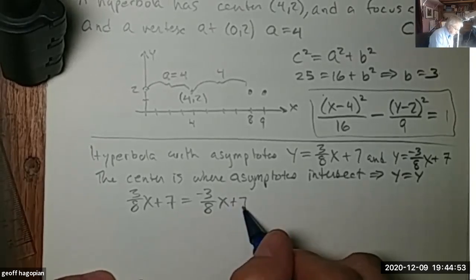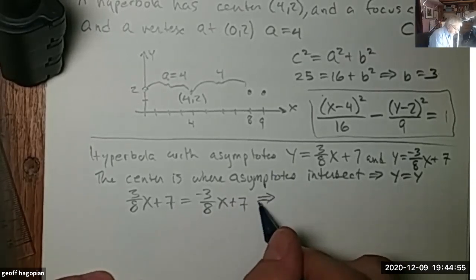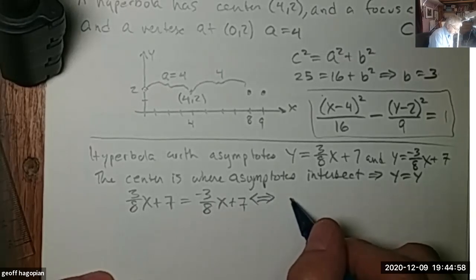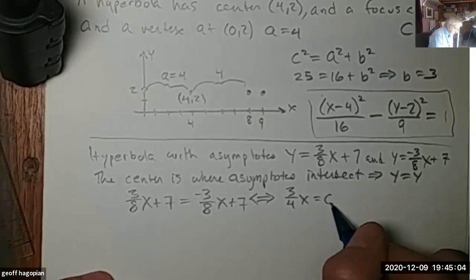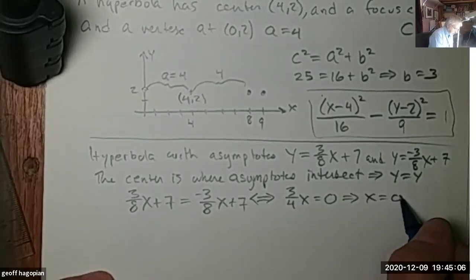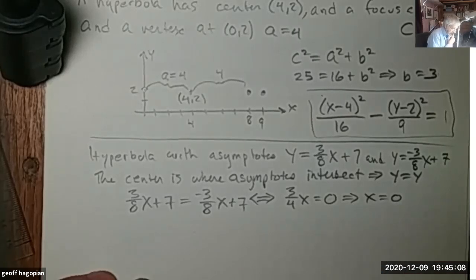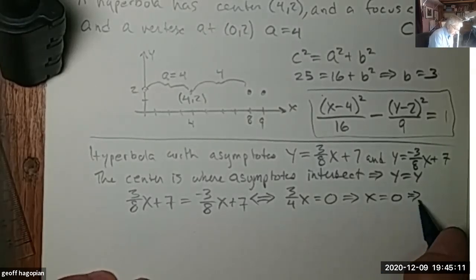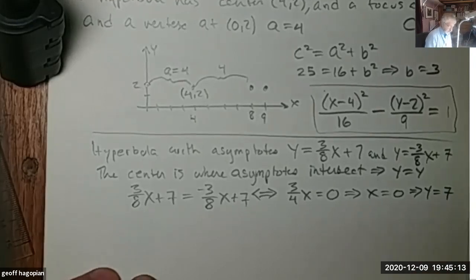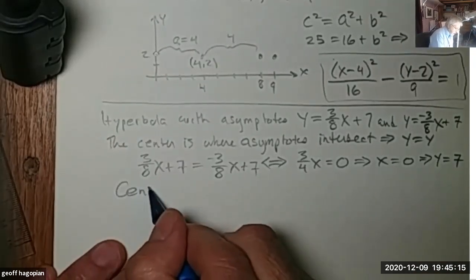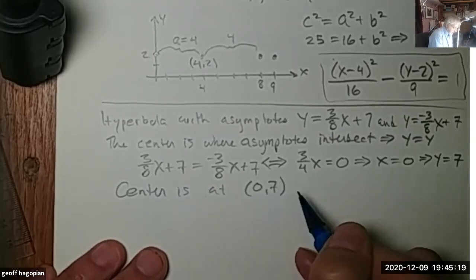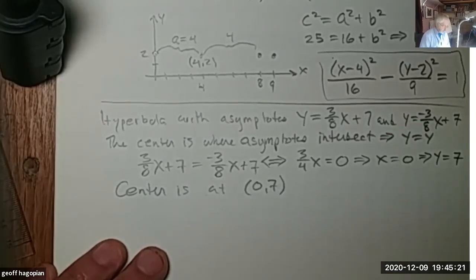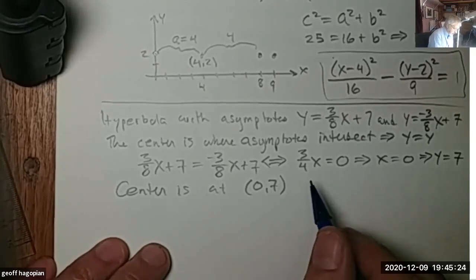Okay, so be it. That's going to tell us that 6/8, or 3/4 x, equals 0, or x equals 0. Well, that's good. If x equals 0, then y equals 7. So the center is at (0, 7). So it's on the y-axis. Well, that should make things a little easier.